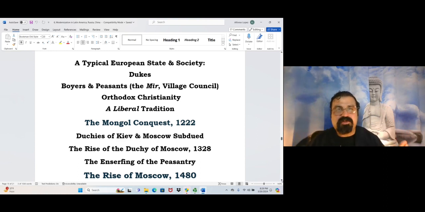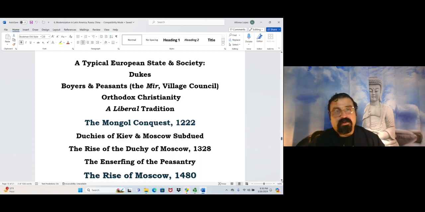Here, of course, are dukes. In the Duchy of Kiev, the title of the monarch is known as the duke. That's at the very top. Below the monarch, we will find wealthy landowners known as the boyars. Okay. And to a certain degree, they, as we'll see, exercise significant power in the society as well.